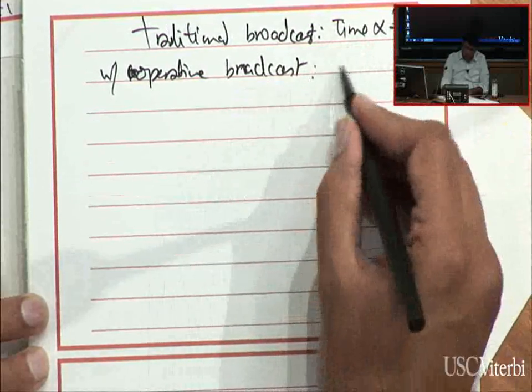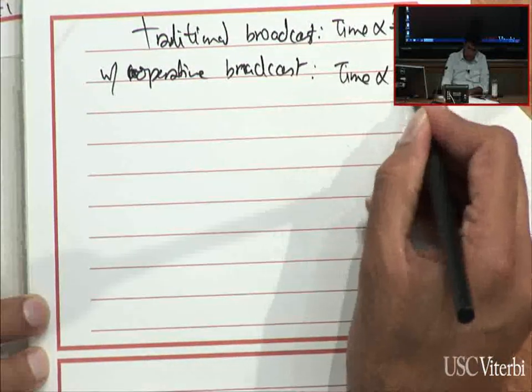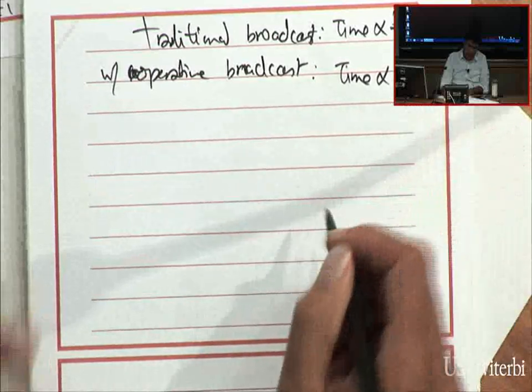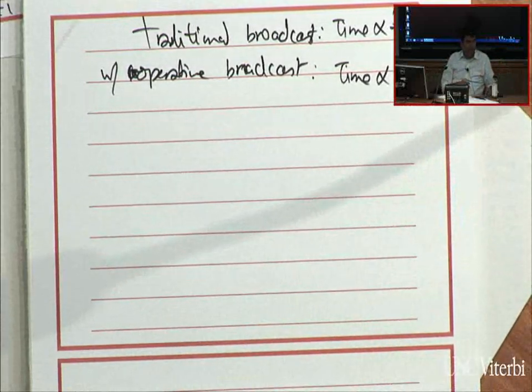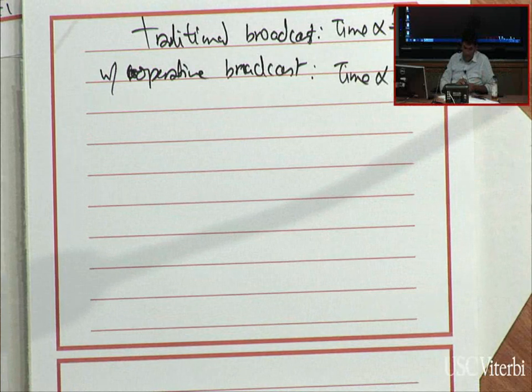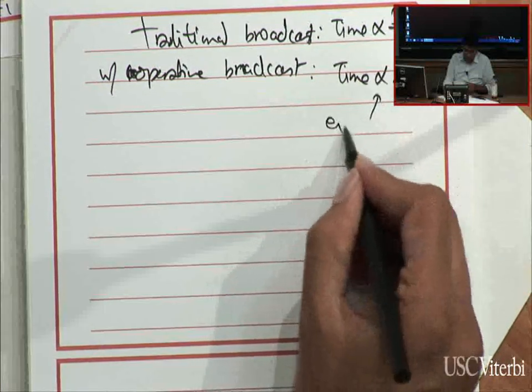What you can show theoretically is that with cooperative broadcast the time is proportional to log of d over r. It sort of grows logarithmically with the hop radius, and so it's much faster, sort of exponentially faster.